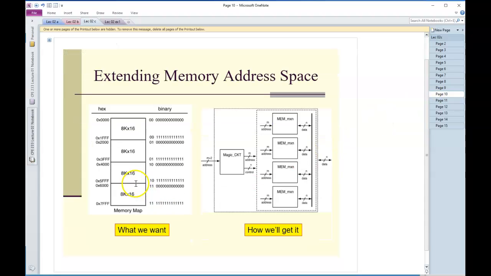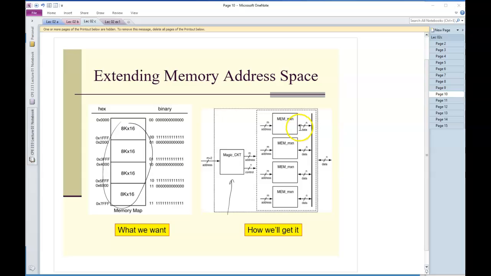Okay, so where it gets interesting is extending the address space. The notion here is I have four of these devices right here. I want to tape them together and make a 32K by 16, and so what I need to do is essentially have some magic interface circuit here. And the issue with this interface circuit is what circuit do I use to interface these things?